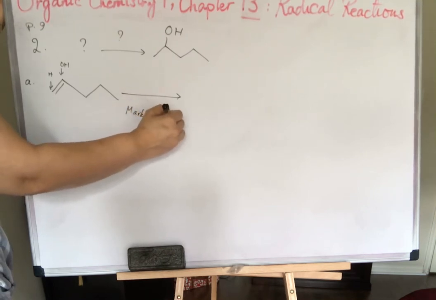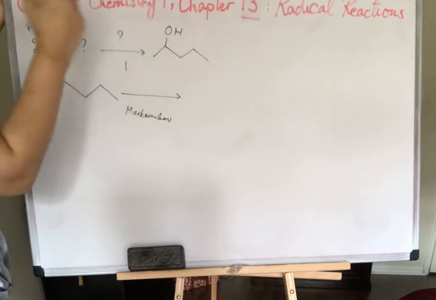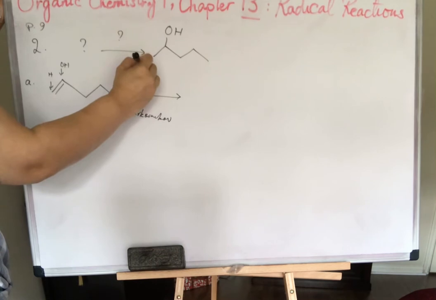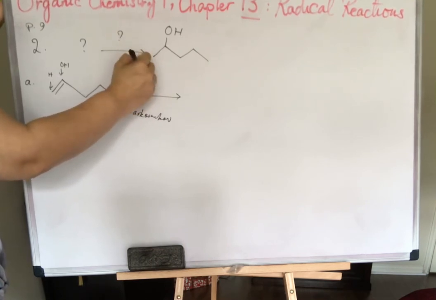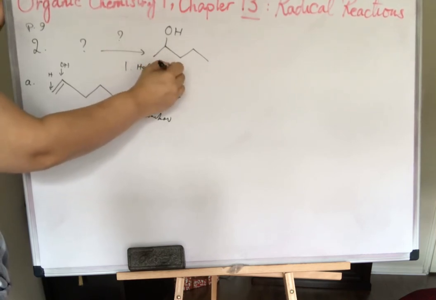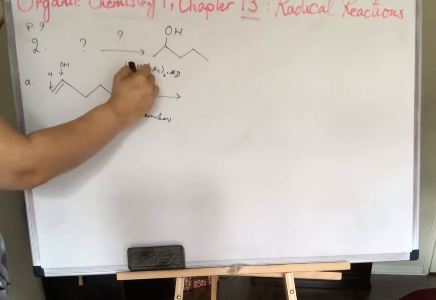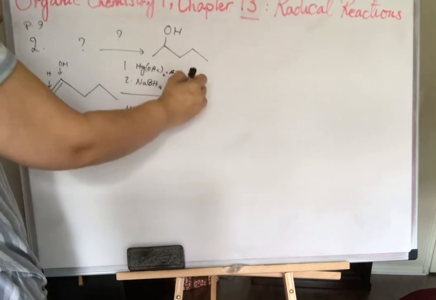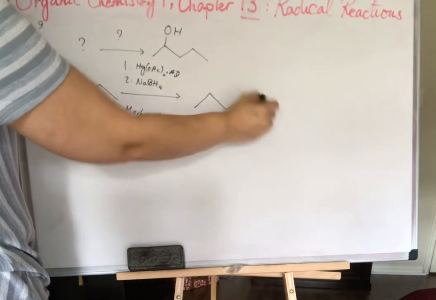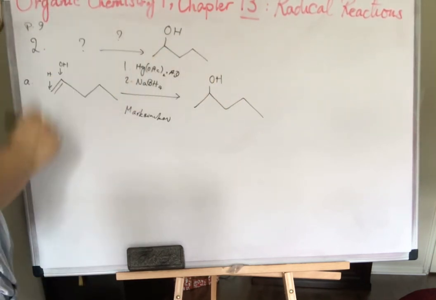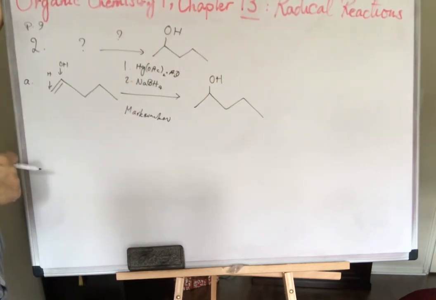So you will need to add Hg, OAc2, and water, and then you need to demercurate: oxymercuration, demercuration. So it will end up giving you this compound, right? Addition of water in the form of Markovnikov reaction.